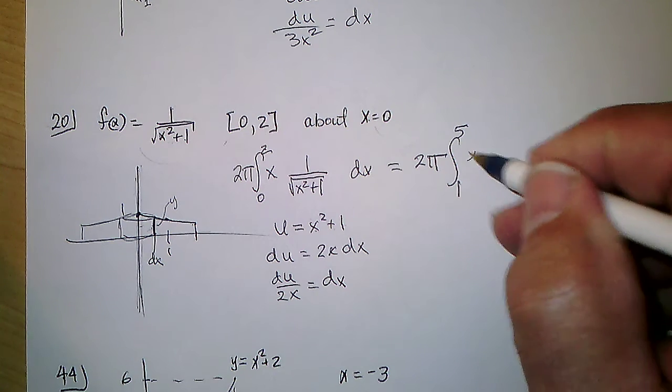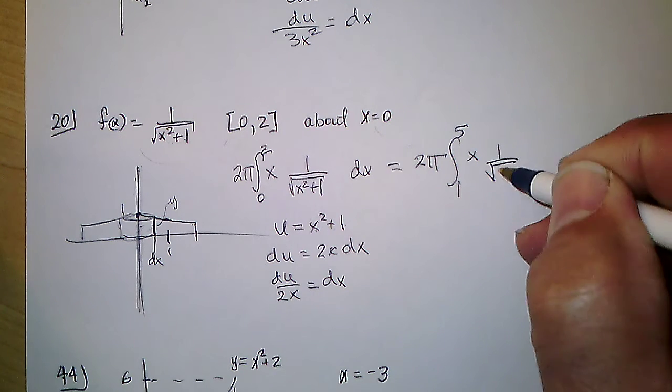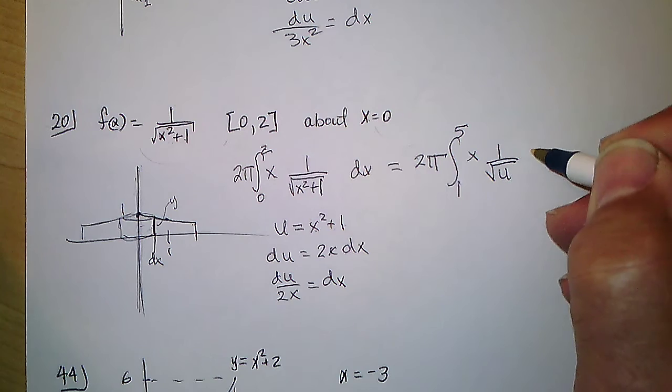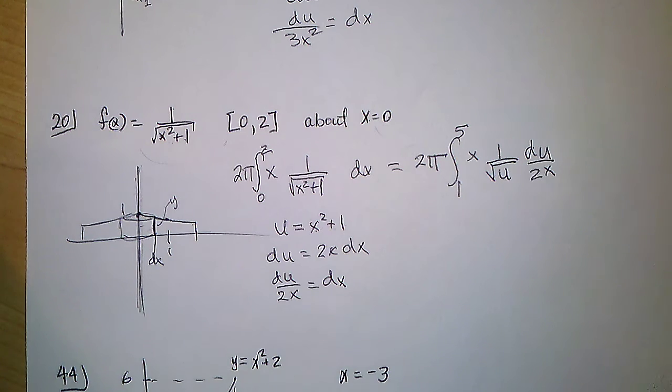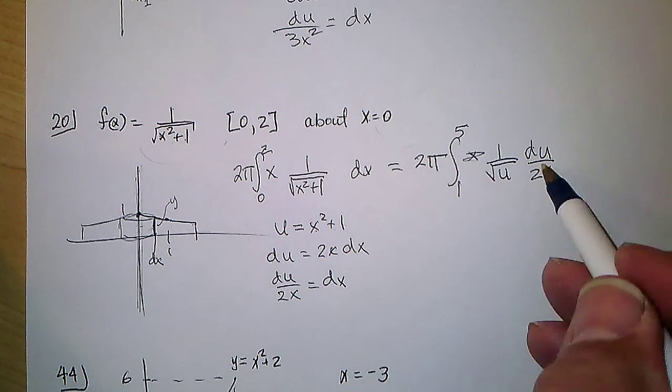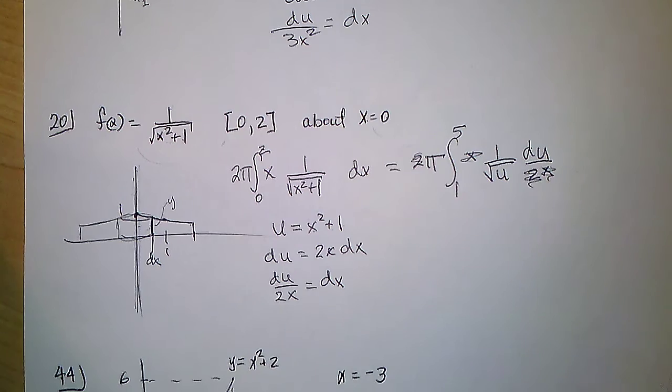We're going to have x, 1 over the square root of u, du over 2x. The x's are going to cancel. The 2 is going to cancel.